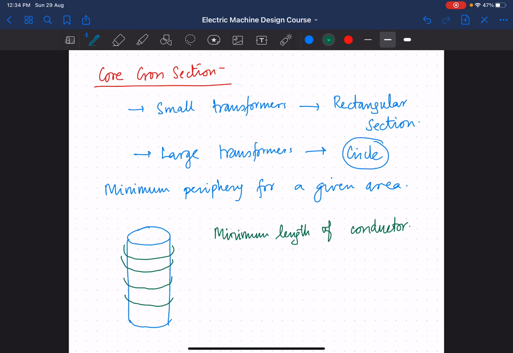This is denoted by this length LMT, which is the length of mean turn.